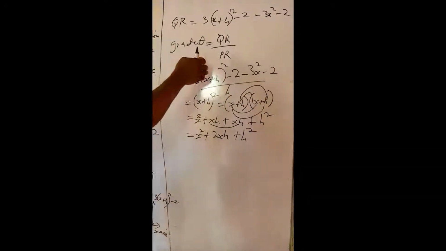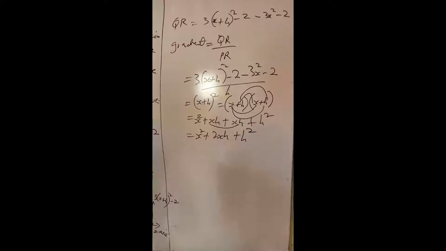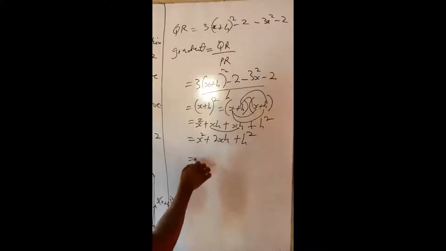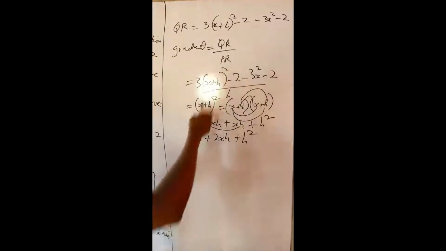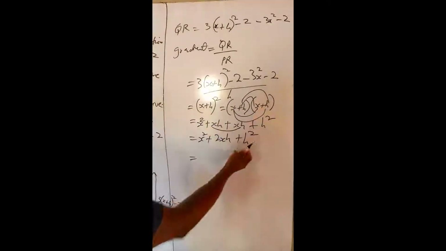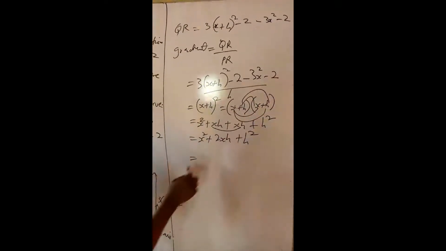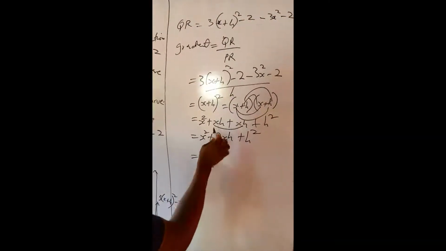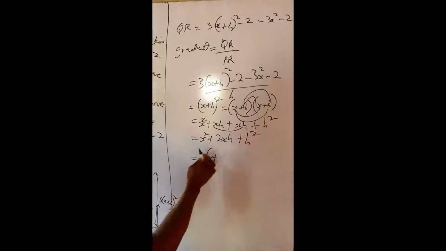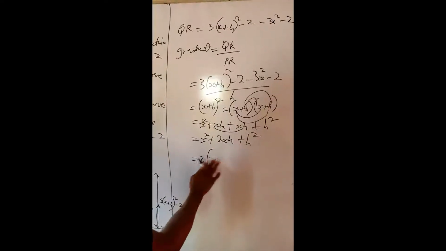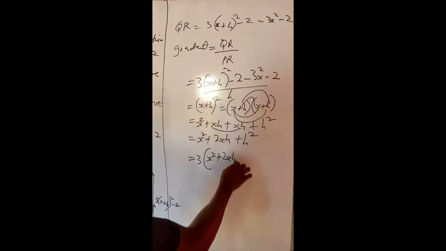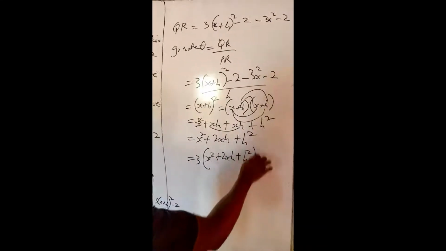Now, in the gradient formula substitution, instead of having this x plus h all squared, we put what we have expanded. So we have 3 into x squared plus 2xh plus h squared.